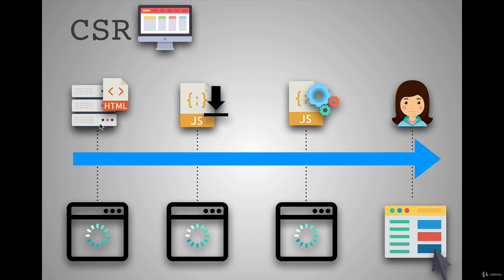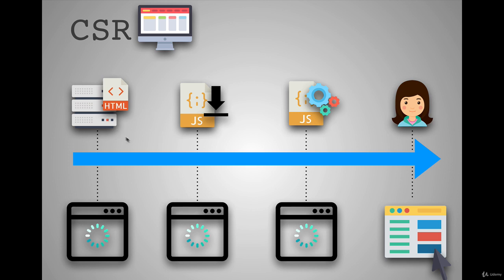We see over here that we first request our HTML, and while we do that, we have a loading spinner or a blank page as we wait for something to be rendered on the browser. Once the HTML file arrives, we notice some JavaScript files.